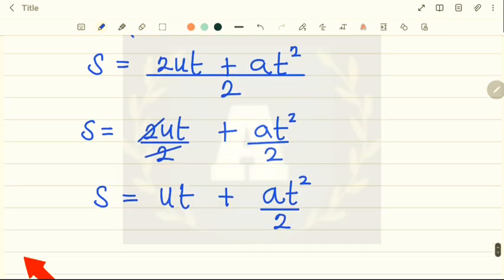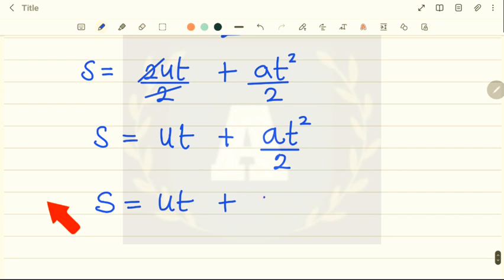So this can simply be written as s equal to ut plus 1 over 2 at squared. This equation is also a very prominent equation of linear accelerated motion.